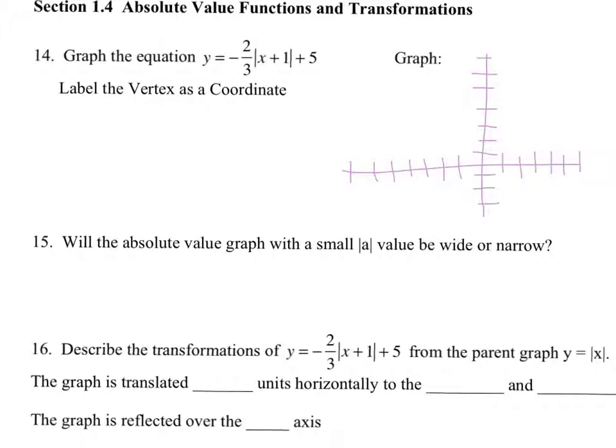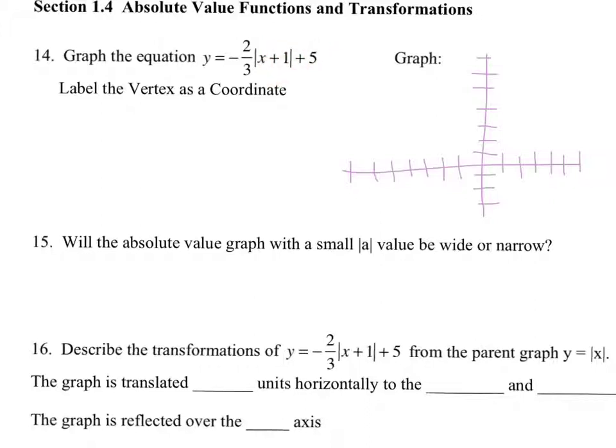Next, we want to graph the equation y equals negative 2/3 times the absolute value of x plus 1, plus 5. So the first thing I'm going to identify is the vertex of the absolute value graph. Now we can find the vertex by identifying the h and the k in our equation.